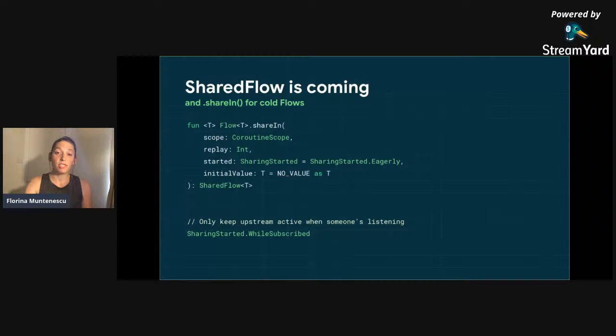However, it's very useful in other situations where the flow is more expensive to create, or if you want to save resources by sharing it. What's interesting is the WhileSubscribed option, which will free up the upstream producer whenever there are no subscribers. But that's something that's coming in a future coroutines release, and we'll explore it more when it's ready.